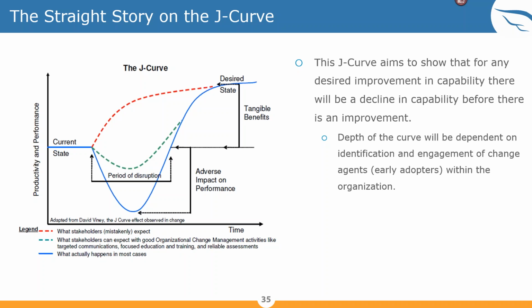But if what we're looking to do is move to a desired state of better productivity and performance from your DevOps team, there's going to be a period of disruption. And during that period, we're actually going to see the productivity and performance probably go down. The idea is that we want to minimize the depth and length of that curve during that period of disruption.